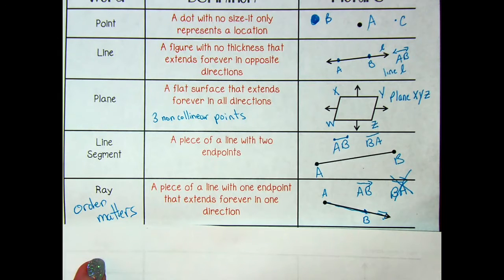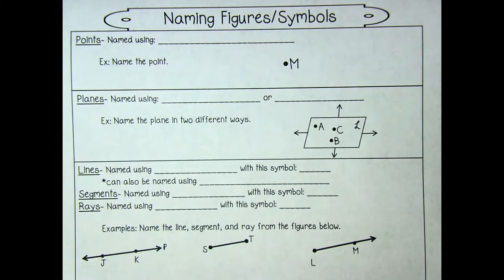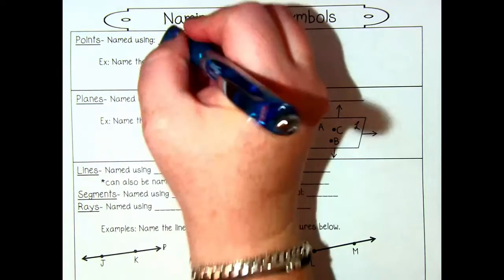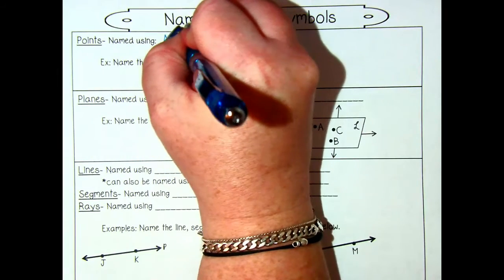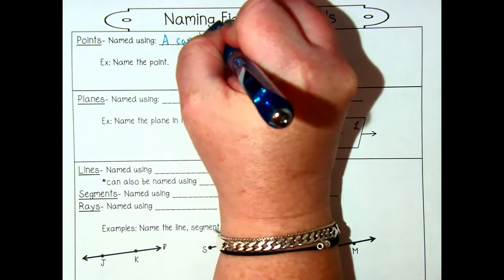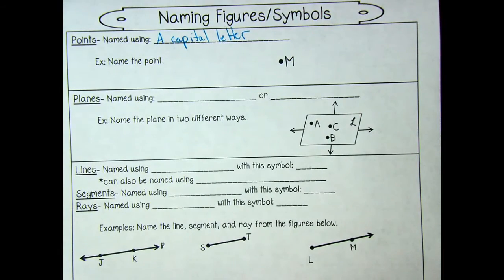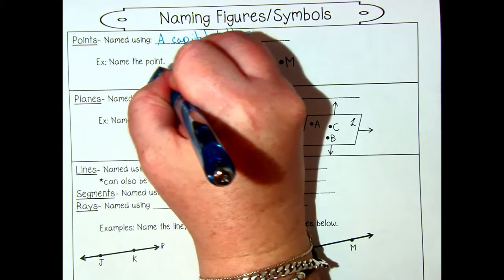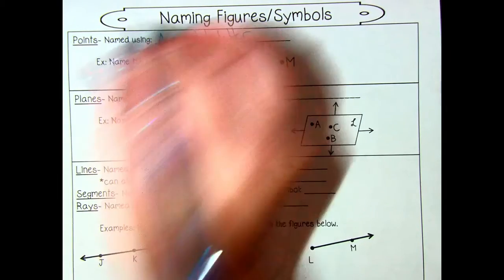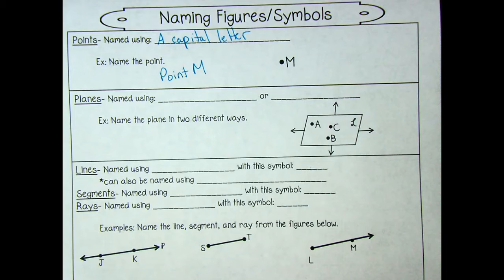Now we're going to do a little bit of practice. This is also a review. Remember that points are named, we know, by a capital letter. So if this is my point, I know that this is point M. And it is very important that you write with capital letters because lowercase letters will be wrong.